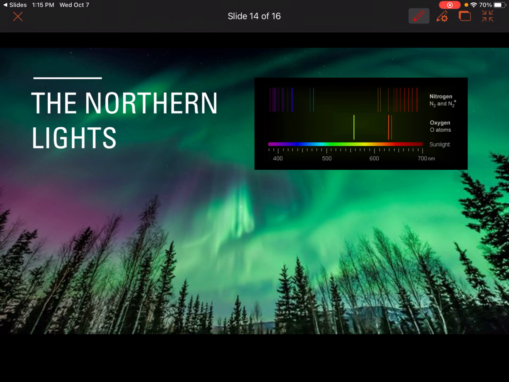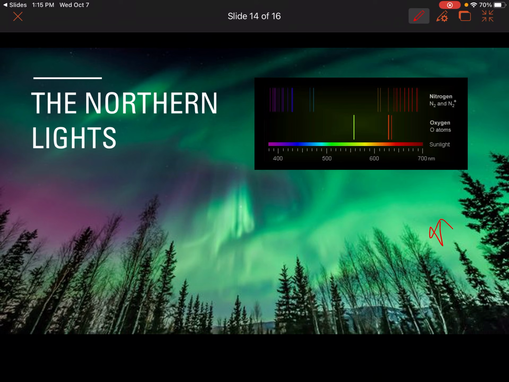Now, northern lights are part of that, and some of you hopefully have seen the northern lights. They're absolutely stunning and beautiful. When I've seen them, normally I see the green color. What northern lights are is the same thing: basically a big giant flame test in the sky. We've got different elements banging into each other, and when that happens, there's a release of energy.